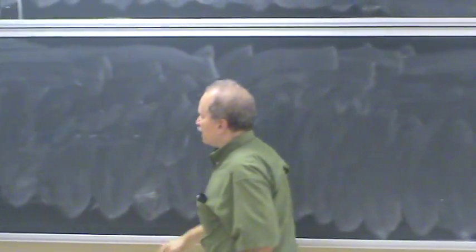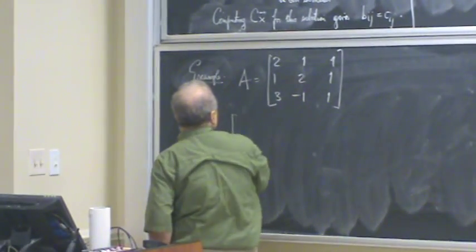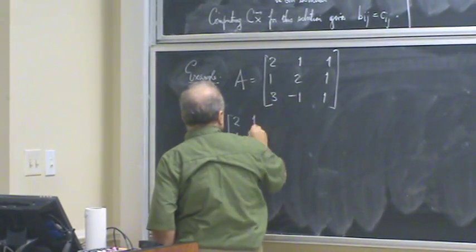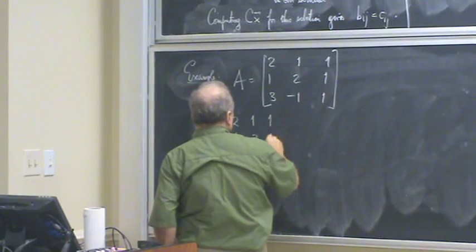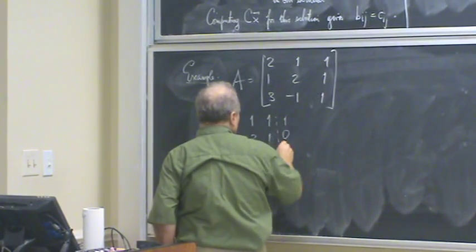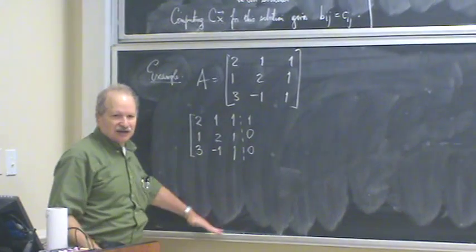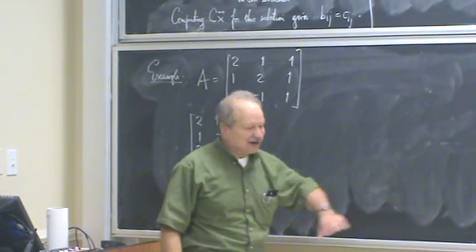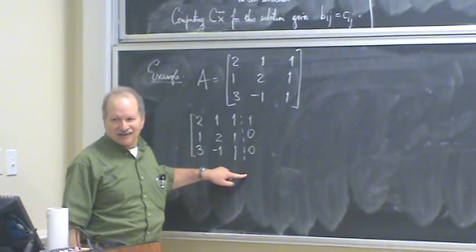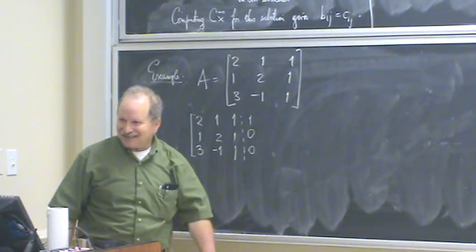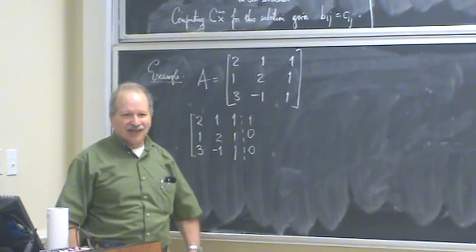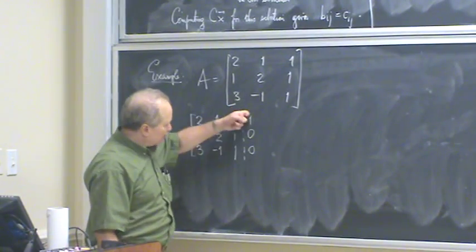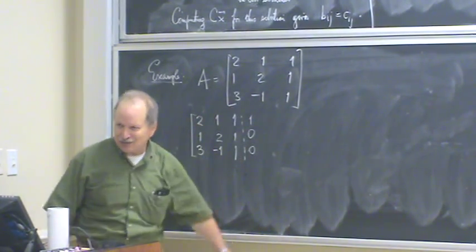I'm going to augment A, and then put E1 here, and row operate and find my solution. And then I'm going to go back and start all over again and put E2 here, and do all the row operations. And then a third one where I have 0, 0, 1, and do all the same row operations.